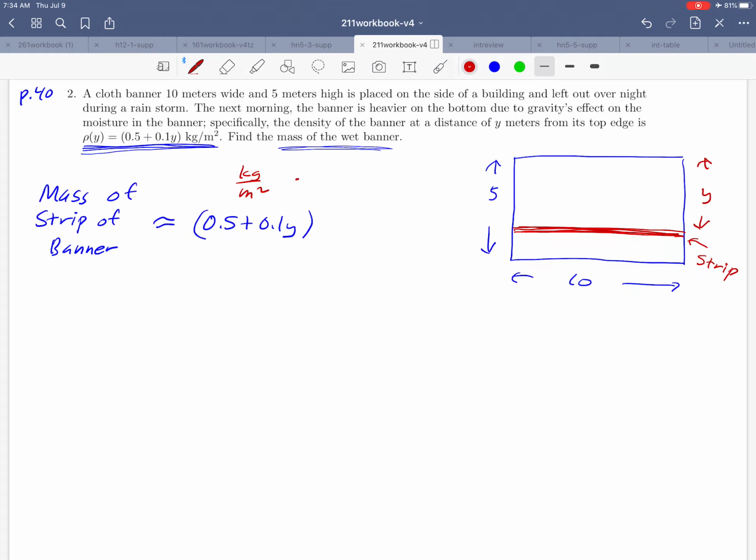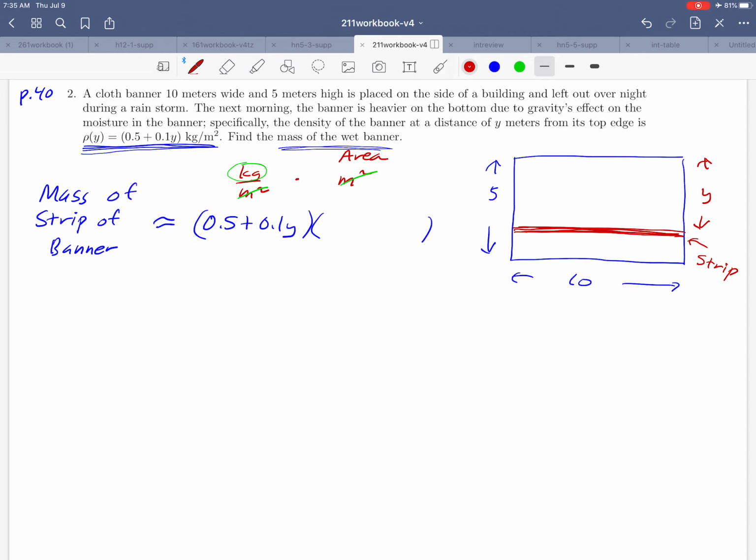We need to multiply by meters squared, so that those meters squared cancel and we just get mass in kilograms. But meters squared, that's a unit of area. That tells us that what we need to multiply by over here to the right is an area. And I'm going to remind you of that by just writing area there.